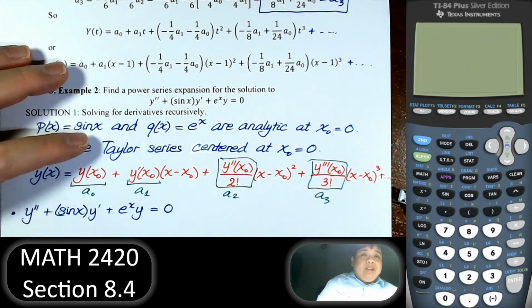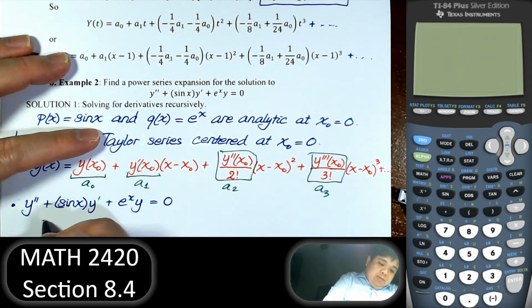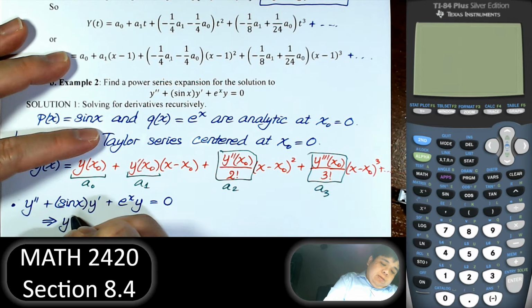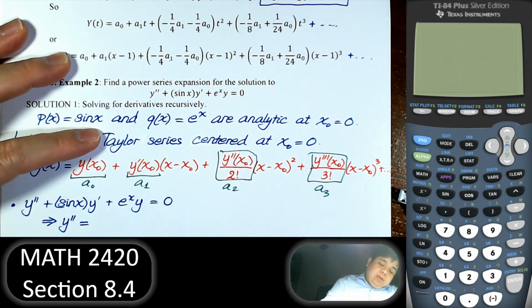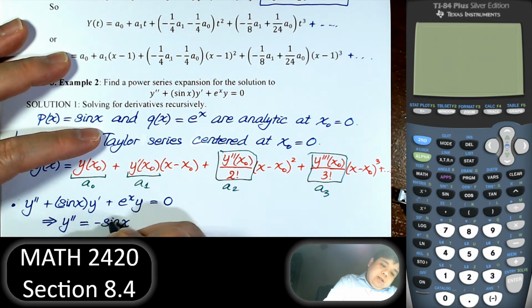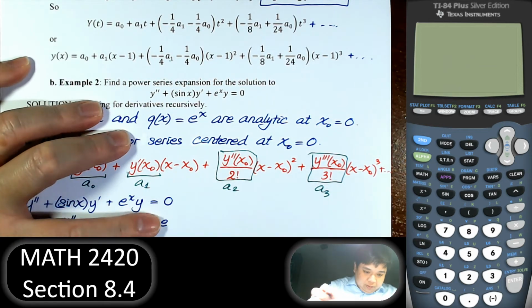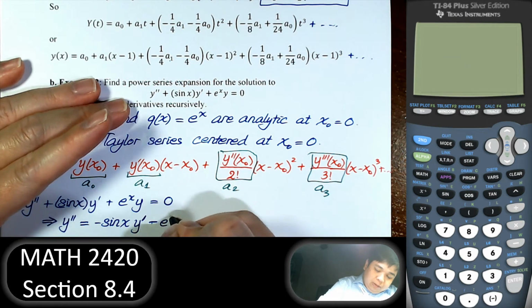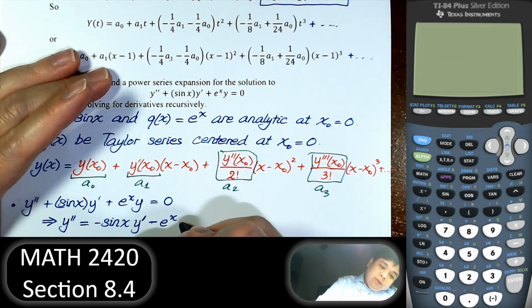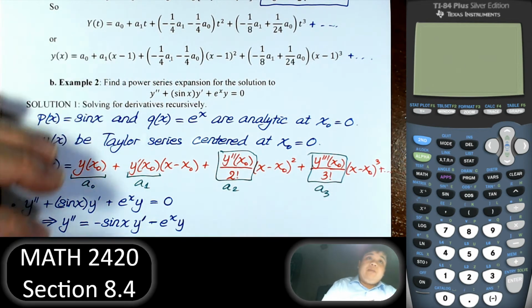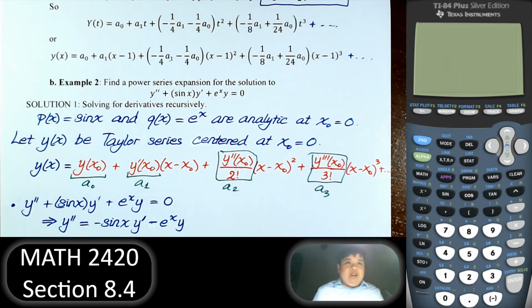We can solve for the second derivative: negative sine x times y prime, minus e to the x times y. Just move that to the other side.